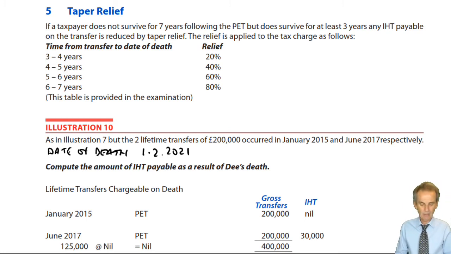The concept is a simple one, inasmuch as if a taxpayer made such a PET in lifetime, and then 6 years, 360 days later, so one more week for the 7-year anniversary, and therefore what was potentially exempt when made would in fact then be exempt because you'd survive for 7 years.